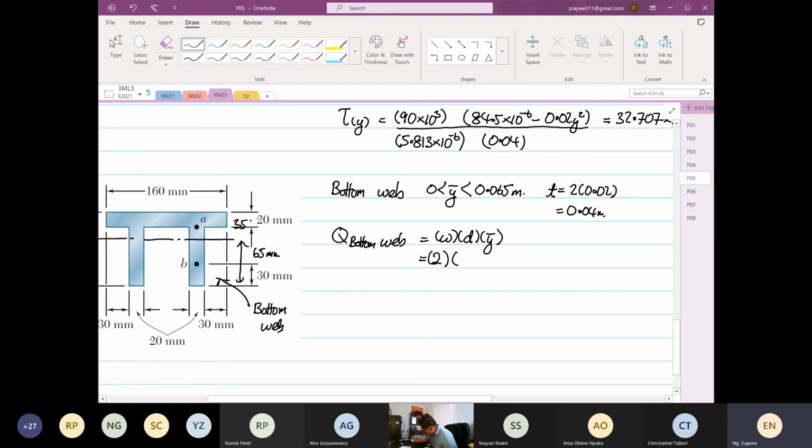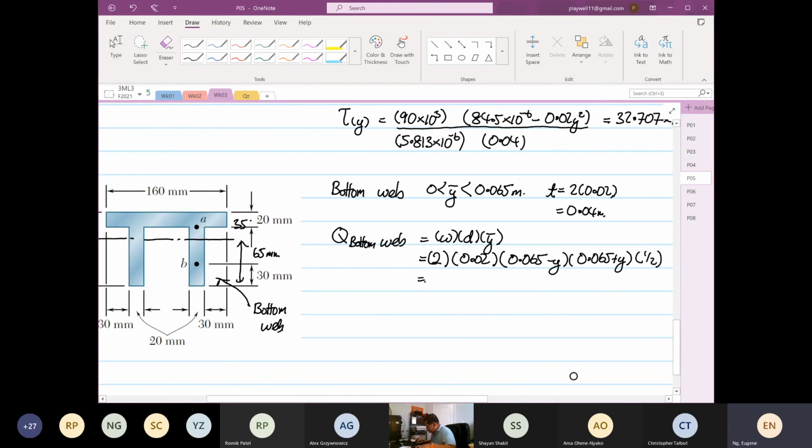The width is 0.02. The web is equal to 0.065 minus y, right? 0.065 plus y multiplied by what?